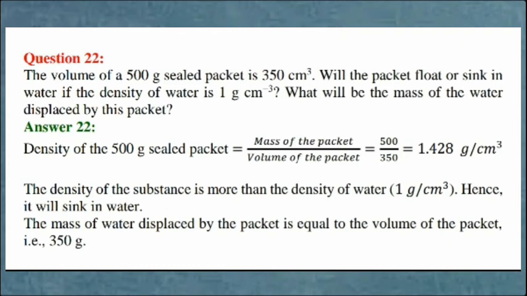So the mass of 1 centimeter cube of water is 1 gram, so the mass of 350 centimeter cube will be 350 gram. So with the help of this formula we can easily find out the value of the mass of the water displaced by the substance. So it will be equal to 350 gram.